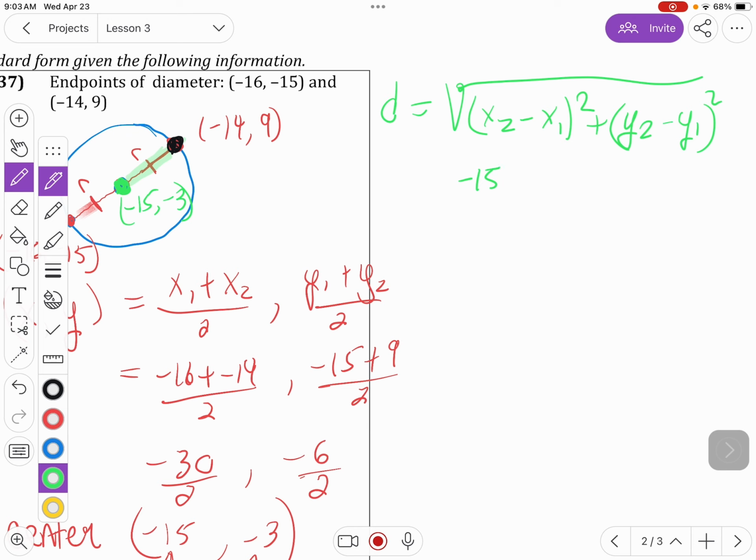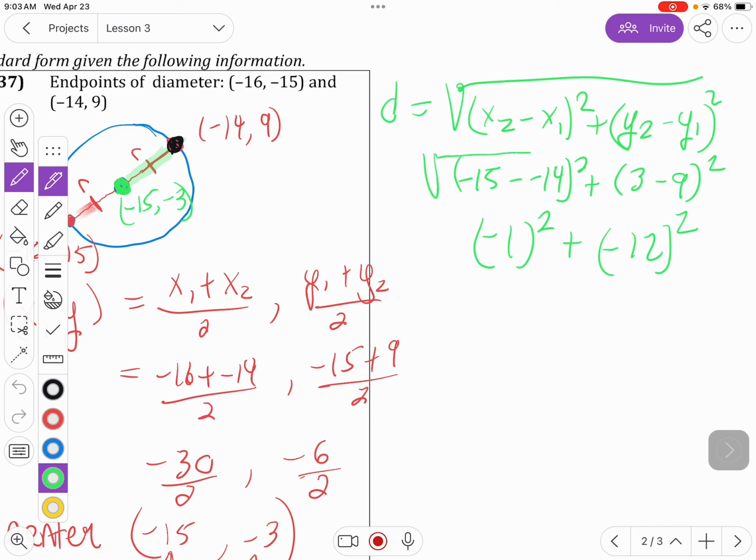So it's going to look like this. It's going to be negative 15 minus negative 14. We're going to square that. We're going to add that to negative 3 minus 9, and we're going to square that. So this comes out to negative 1, and we'll square that, and this comes out to negative 12.